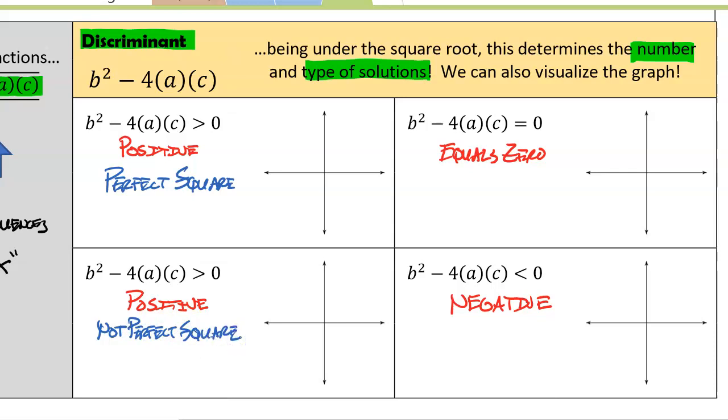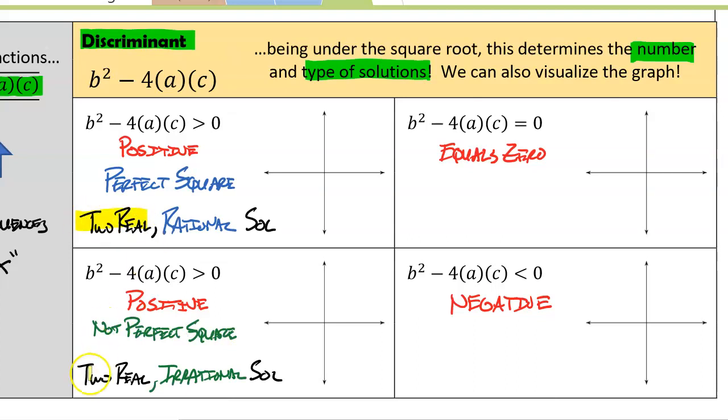Well, we are still going to get 2 real solutions, meaning that our quadratic is in fact going to cross the x-axis at 2 locations in each of these examples. However, with the perfect square, we're going to get a rational solution, and a non-perfect square means we're going to get an irrational solution.